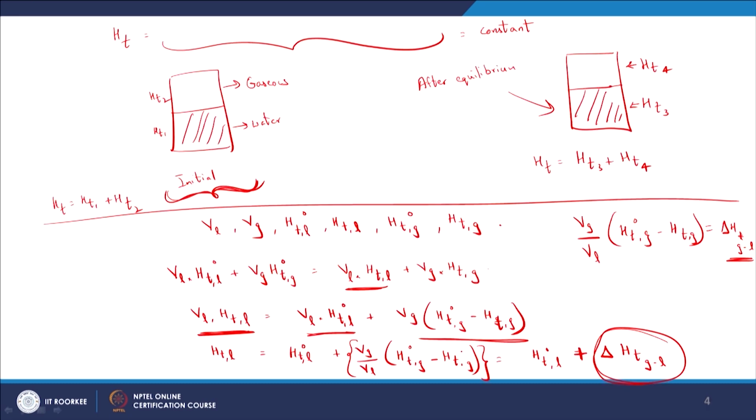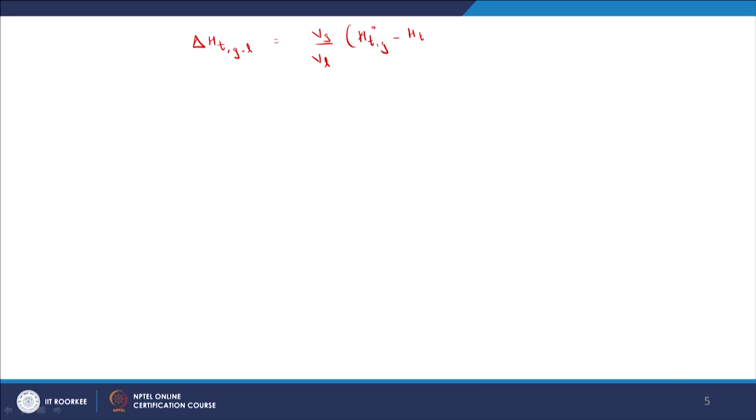Let us again try to understand this. Delta H T from gaseous to liquid is equal to V G by V L times H total initial in the gaseous phase, minus H total in the gaseous phase at equilibrium. Again, this gives you an idea about the H T change from the gaseous phase to the liquid phase.